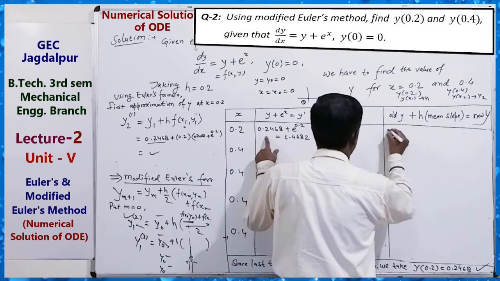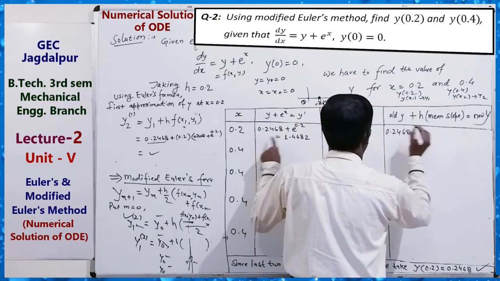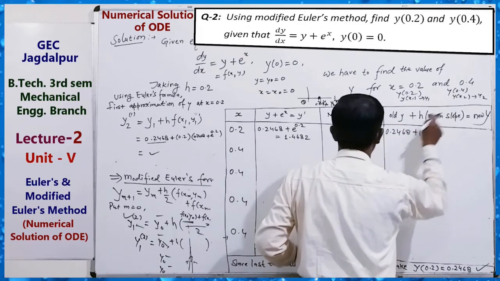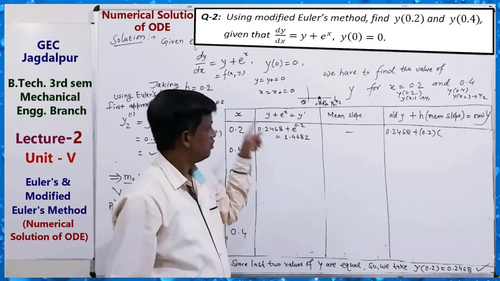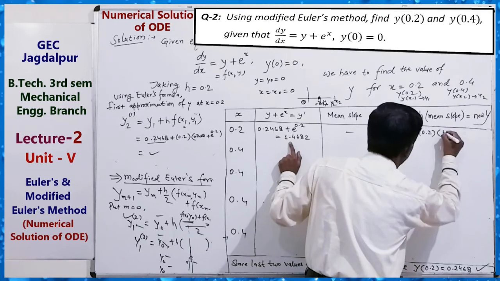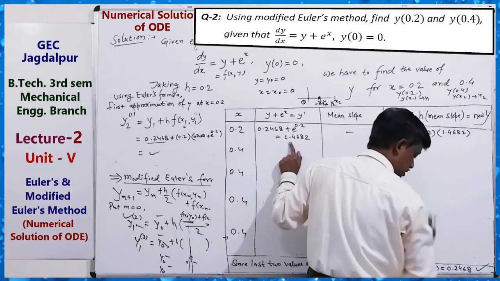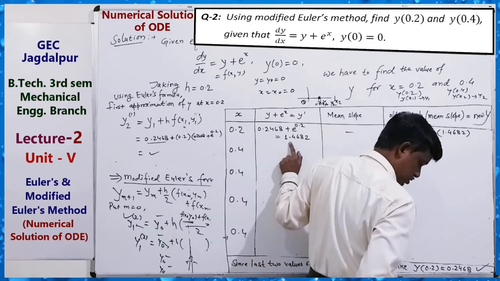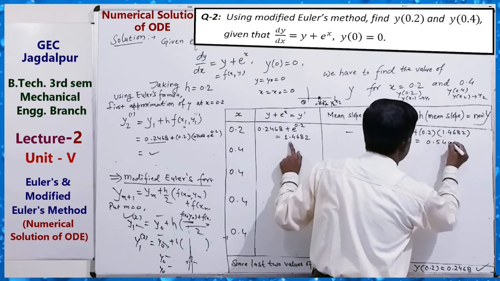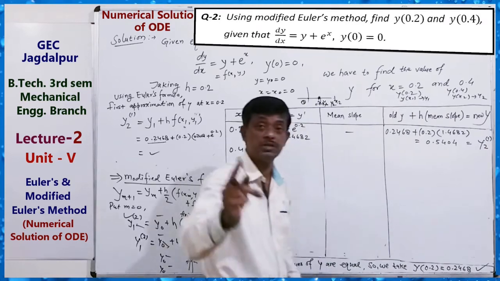Okay, so here 0.2468 plus h 0.2. Slope, meaning slope, is this here 1.4682. 1.4682 is equal to, just calculate it, you can get 0.5404. This is what? Y2, first approximation by Euler's formula.